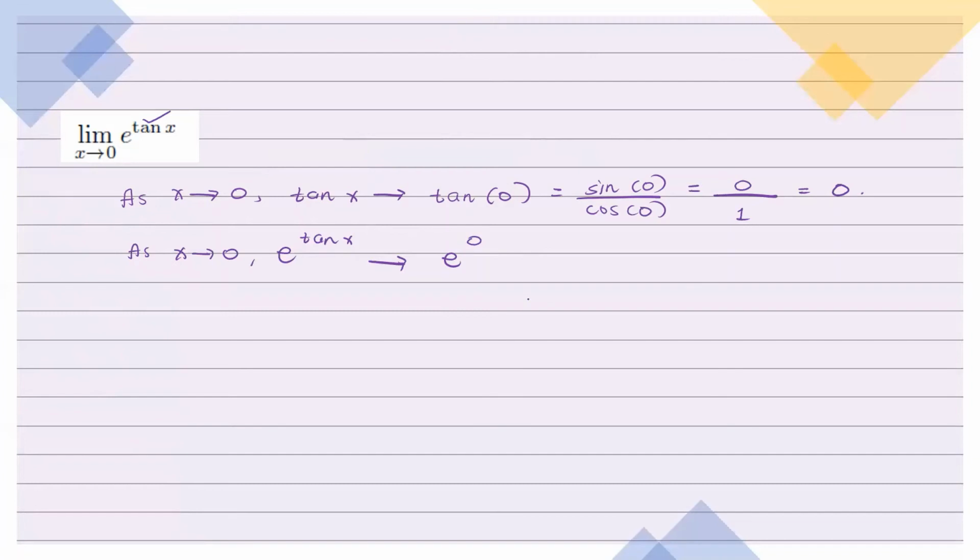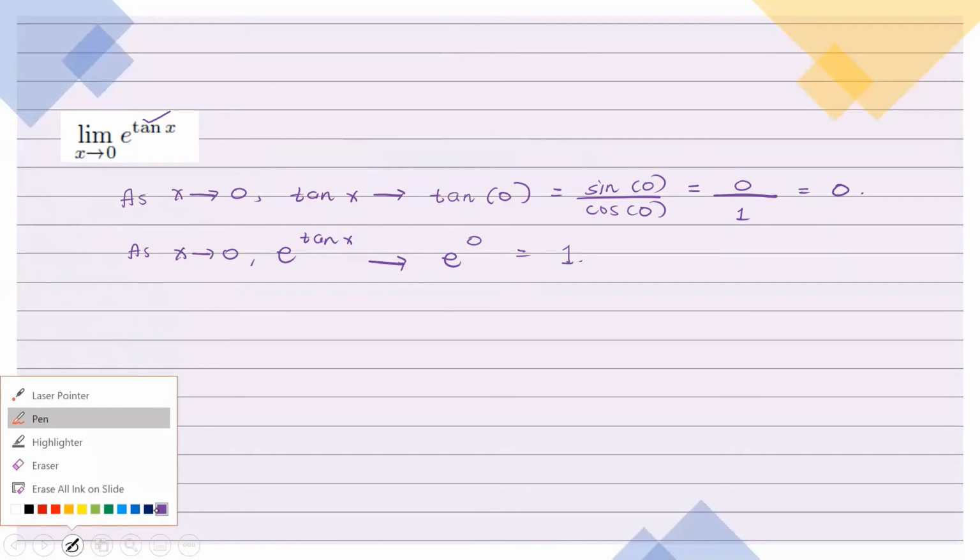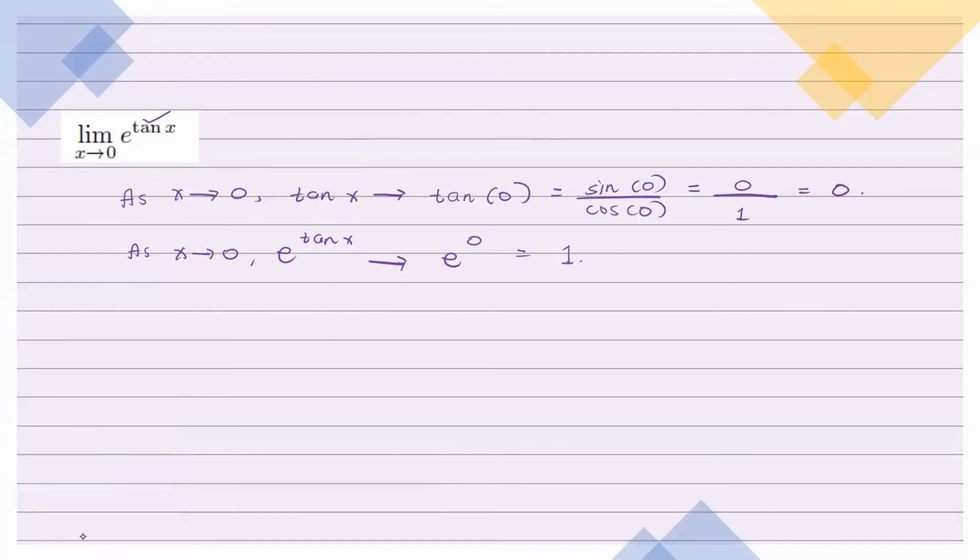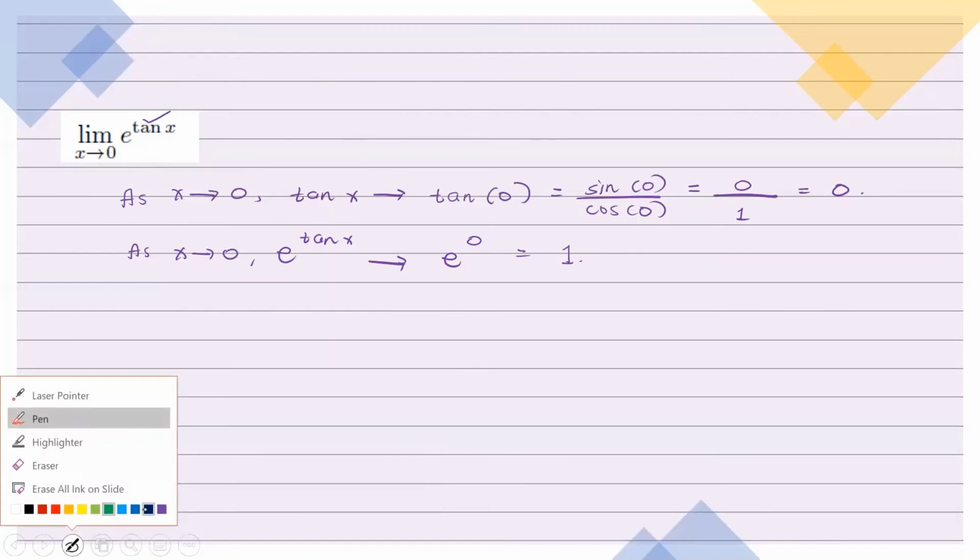What is the value of e to the 0, class? Ang value ng e to the 0 ay yung pinakamataas na possible grade sa UP. So it is equal to 1. And ayan na. Natapos na natin mula sa pinaka-inner na function papalabas. Nakuha natin na ang final answer ay equal to 1.